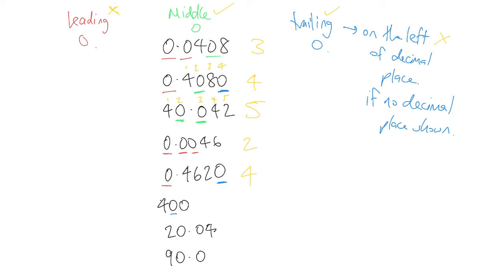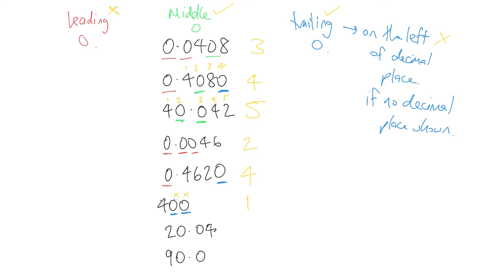These two here are trailing zeros, but they're of the kind where they're on the left of the decimal place when there's nothing significant on the other end. So these two here are not significant figures. If they're not significant figures, how many significant figures are there in this number? 1. 1 significant figure.